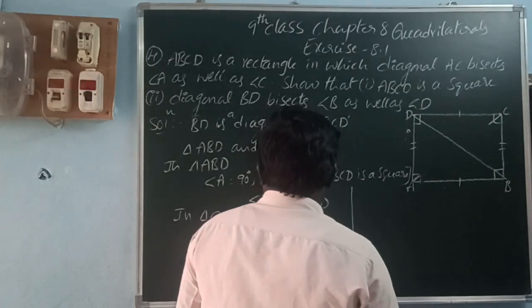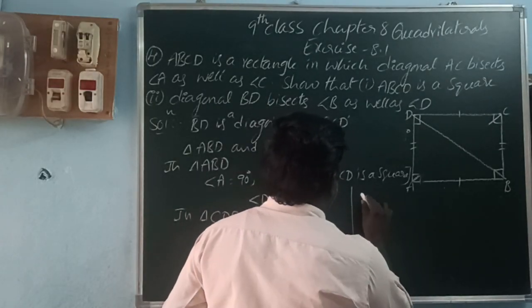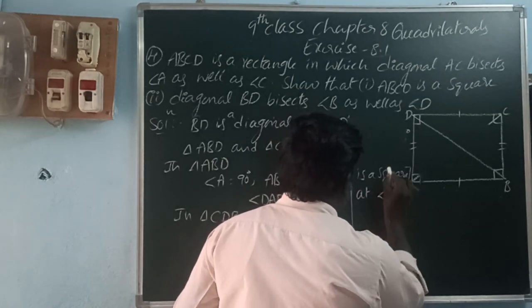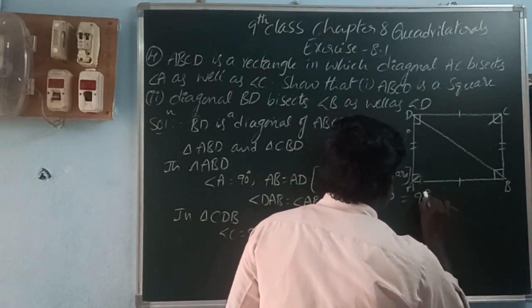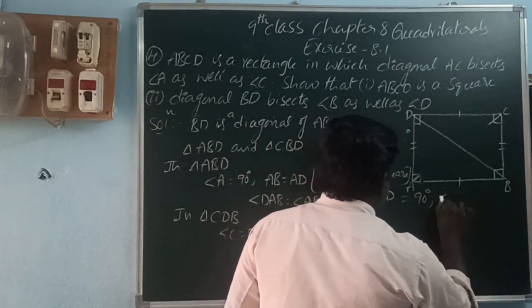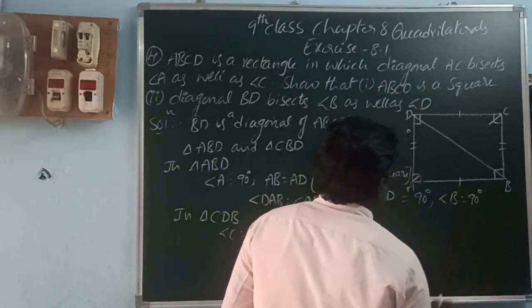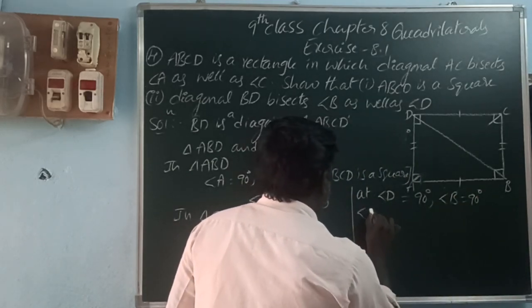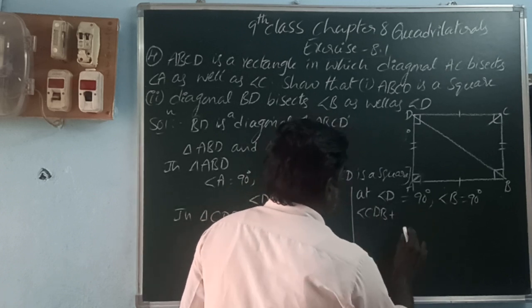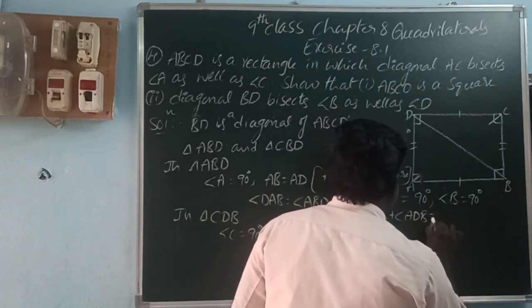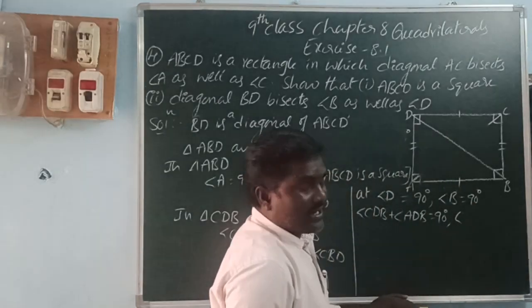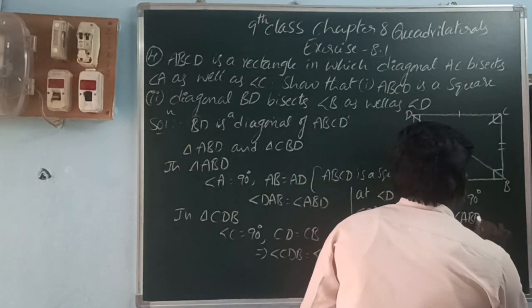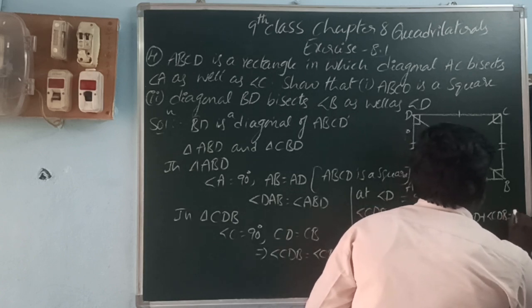So here at angle D, there are two angles. Angle D is equal to 90 degrees. Angle B is also 90 degrees. At angle D, two angles are there: angle CDB plus angle ADB is equal to 90 degrees. Next, at angle B also there are two angles: angle ABD plus angle CBD is equal to 90 degrees.